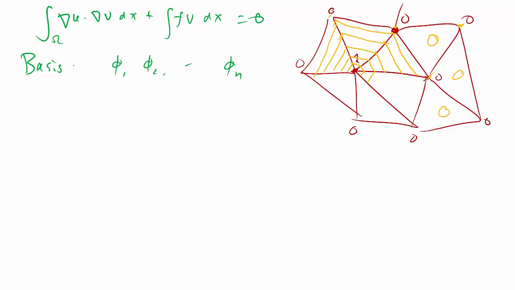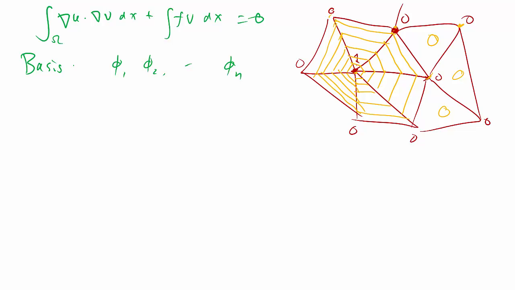In this triangle it should be like this, in this triangle like this, and in this triangle like this. So it's like a tent, as somebody said in the beginning. It's like a tent that has the highest point here and is 0 when it gets to the outside of the triangles, and it stays 0 everywhere else.